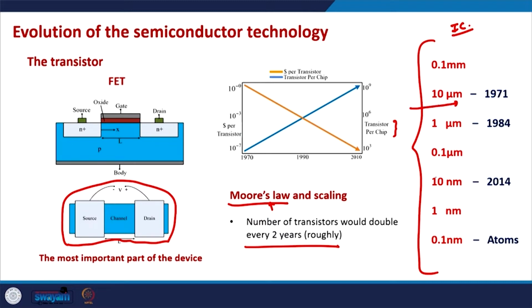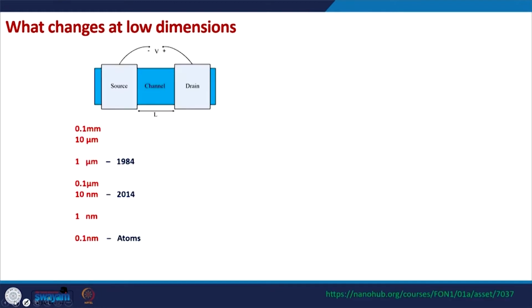Since the last 5-6 years the transistors are in the nanometer regime, and as a consequence we are facing new questions about the physics of electrons in the transistors, and that's the subject matter of this course.